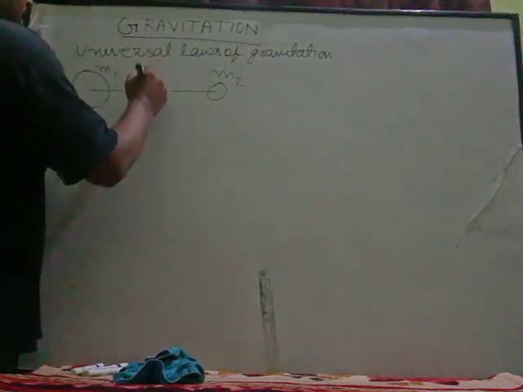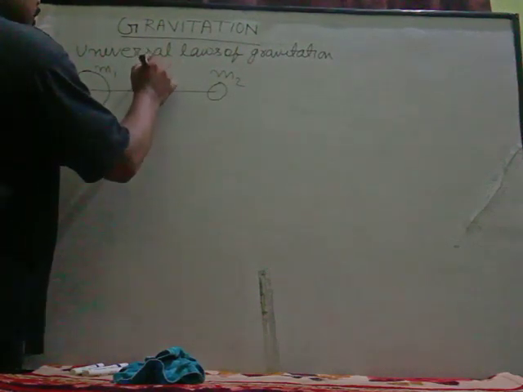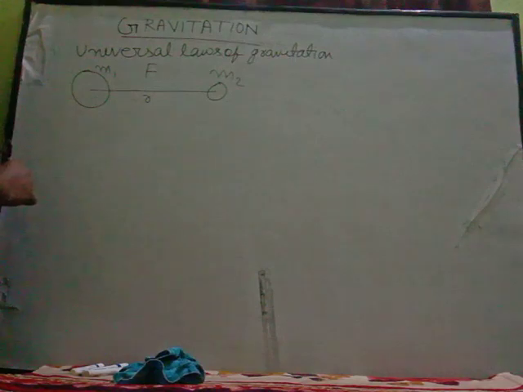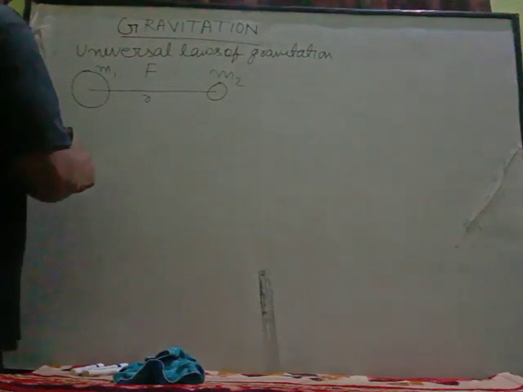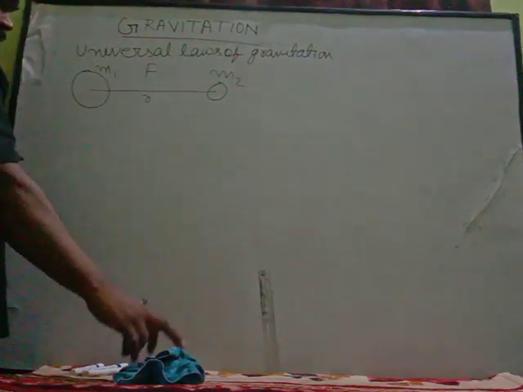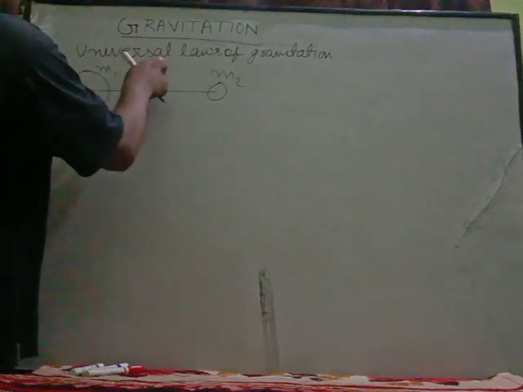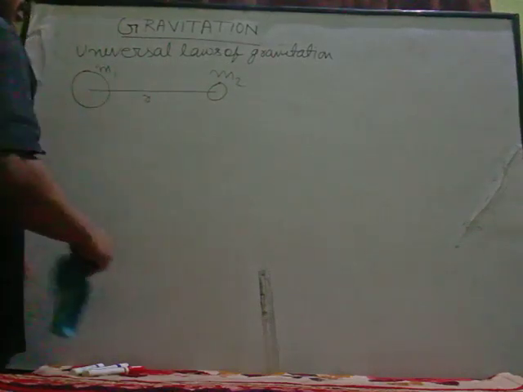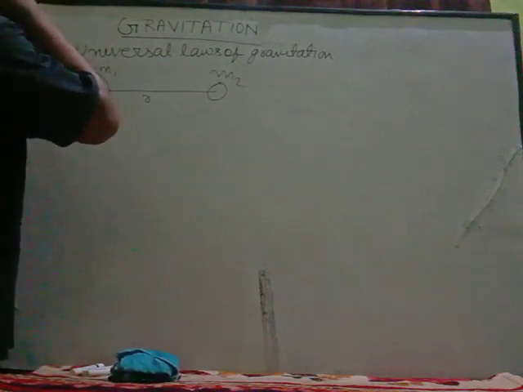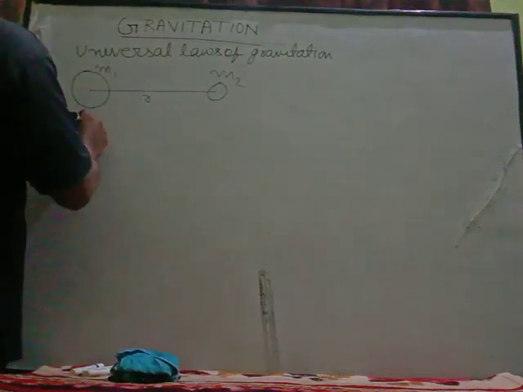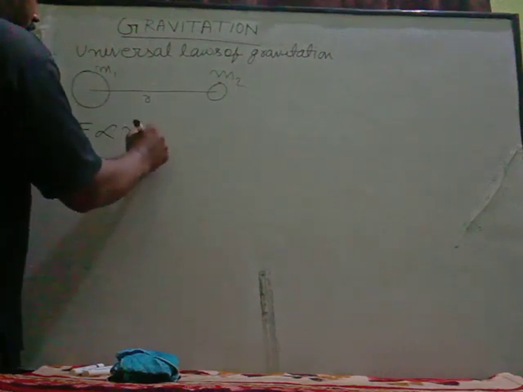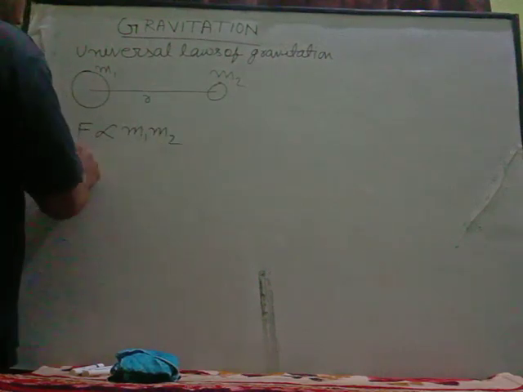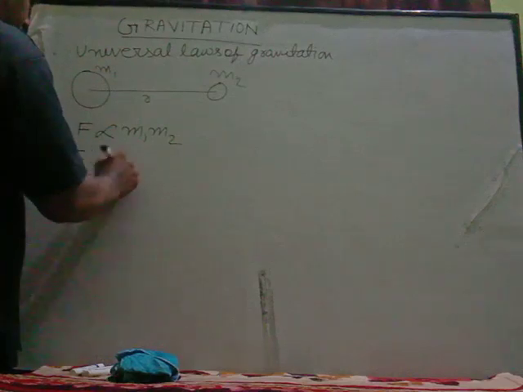So the force exerted in between these two objects will always be attractive. In gravitational force there is no force of repulsion. So according to Newton, this is the first law and this is the second law.